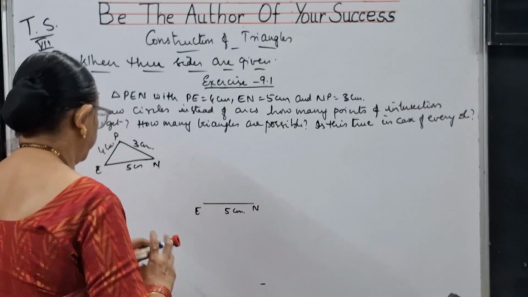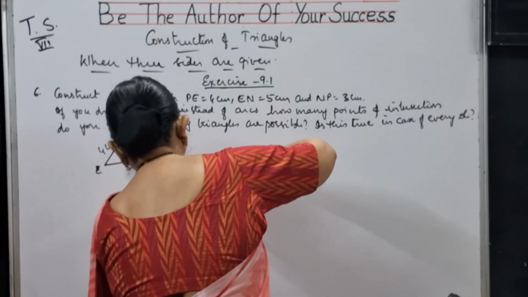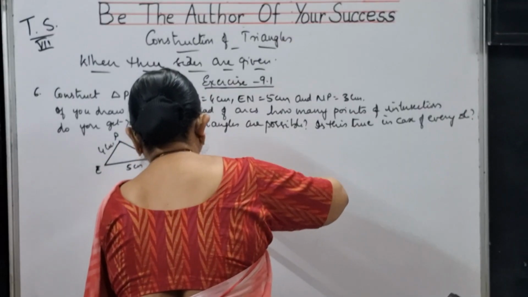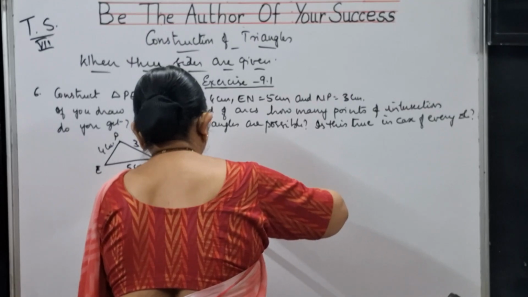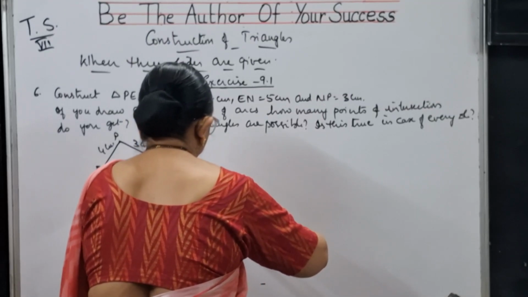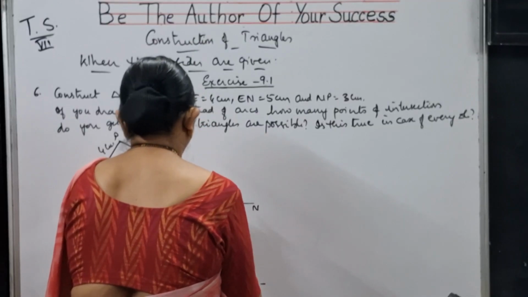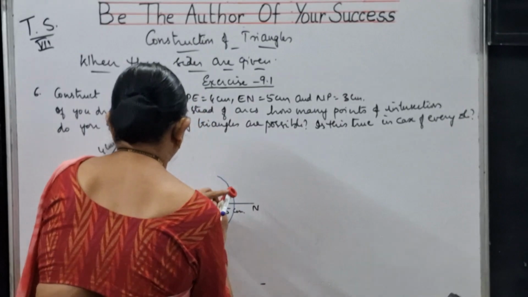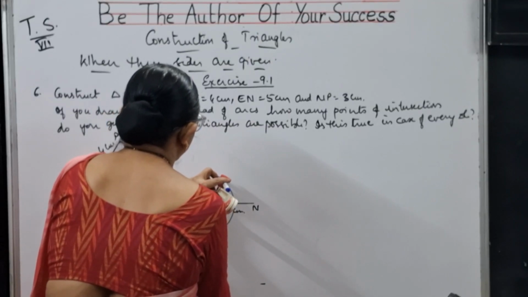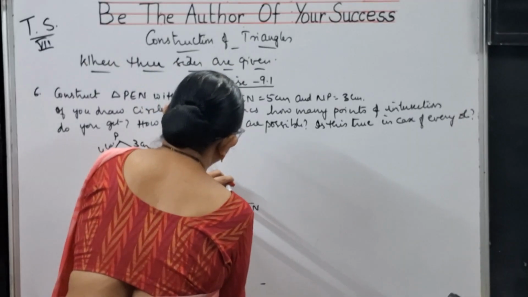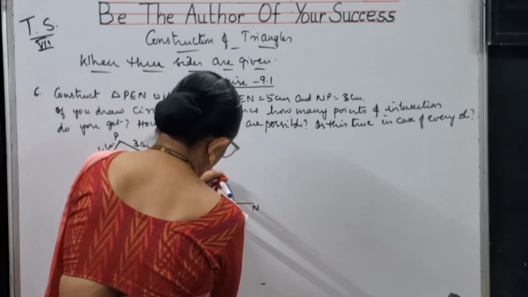E as a center, I should draw a circle like this with 4 centimeters as radius. When the circle is drawn like this, see children, I told you, this is very slippery. So, I may get a circle or I may not get.